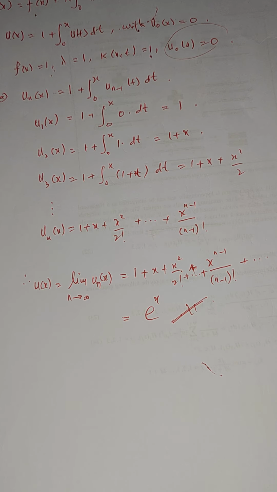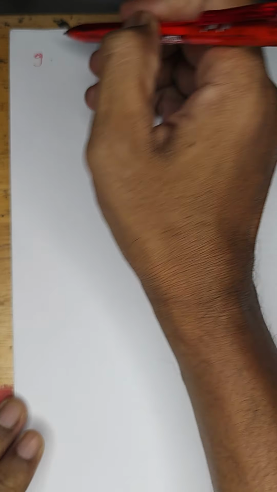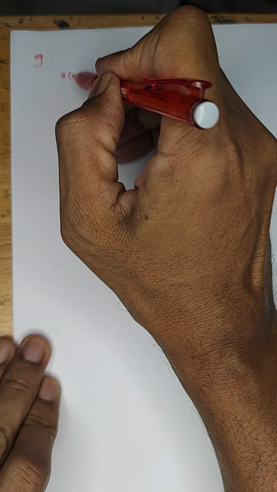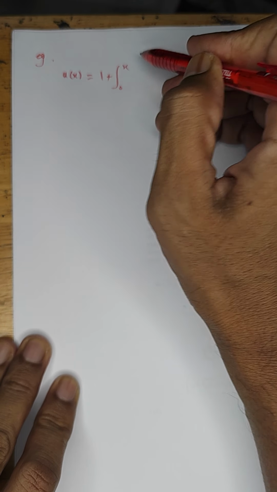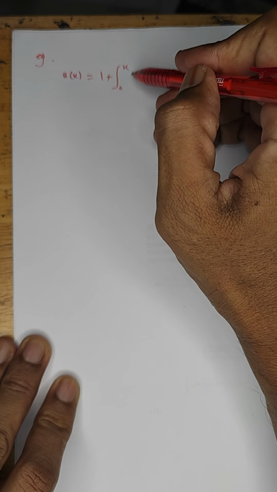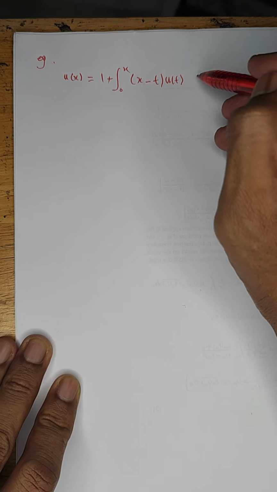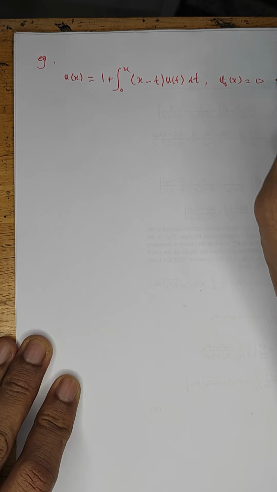For the successive approximation here, so let's write that one. Let's say we want to solve the given equation u(x) = 1 plus the integral from 0 to x of (x minus t) u(t) dt, and given u0(x) is equal to 0.